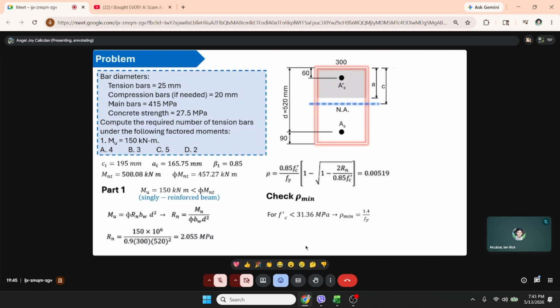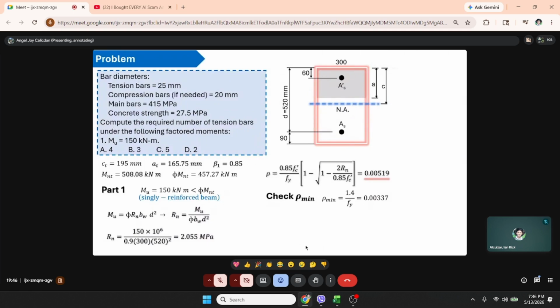So, kato ganina, gi-equate ang duha and we get 31.36. So, asa man diri na belong ang kanina case. So, since atong Fc prime kay 27.5, less than ra siya sa 31.36, therefore, kani ang mo govern 1.4 over Fy.